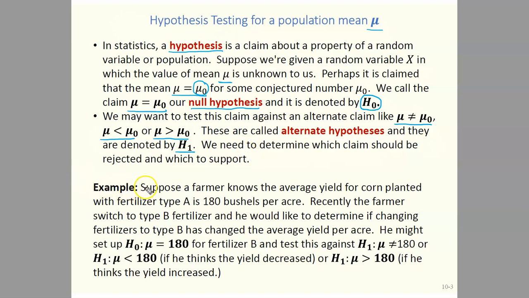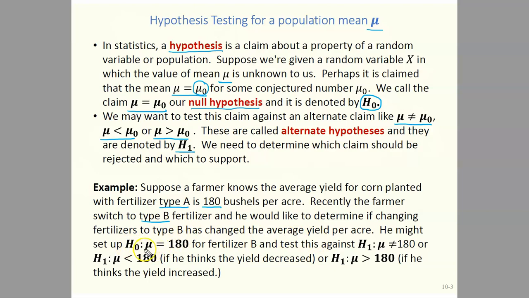For example, suppose a farmer knows the average yield for corn planted with fertilizer type A is 180 bushels per acre. And recently the farmer has switched to type B fertilizer, and they would like to know if changing fertilizers has changed the average yield per acre. So they might set up a hypothesis test like this.